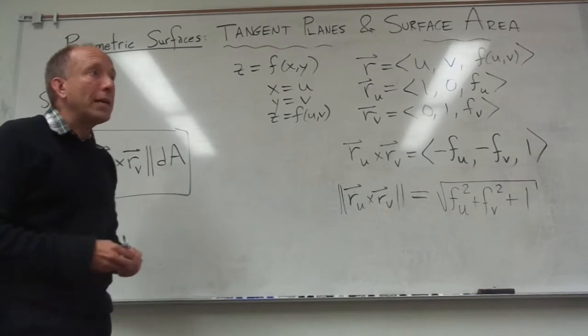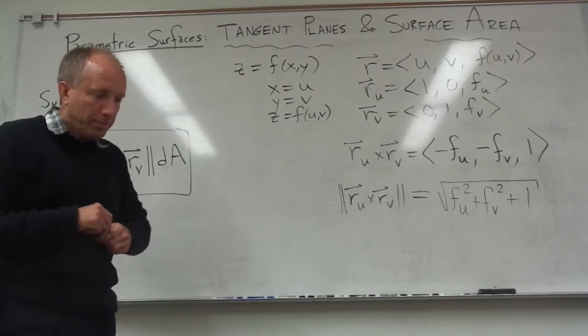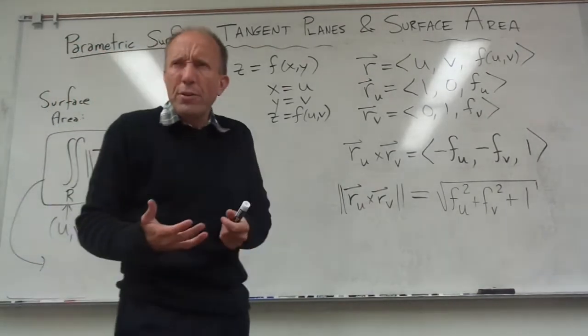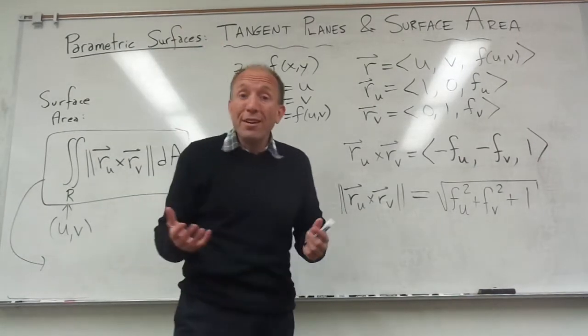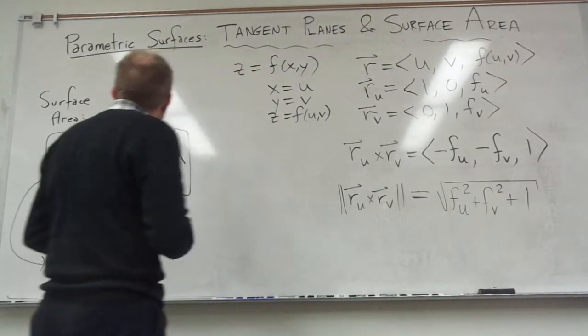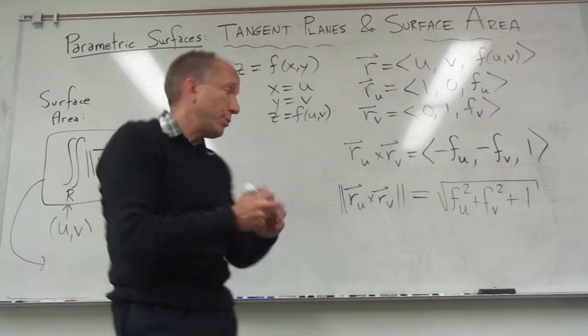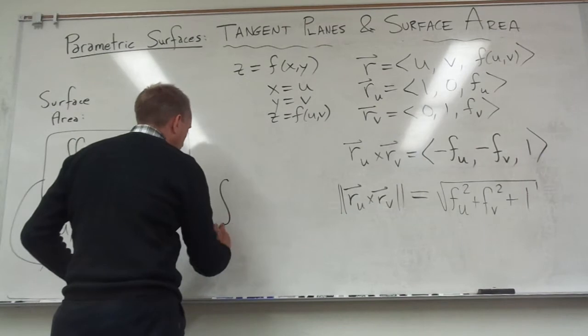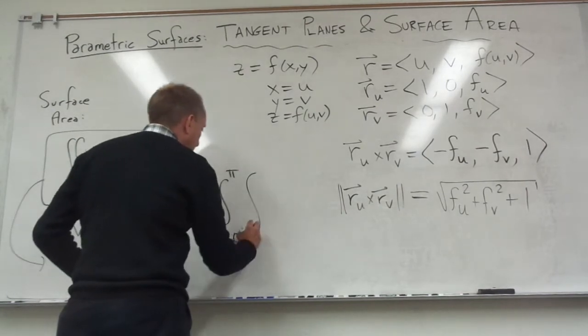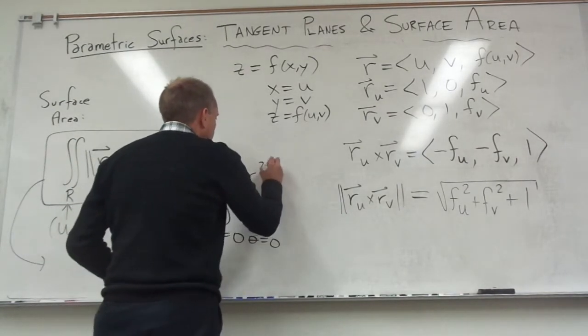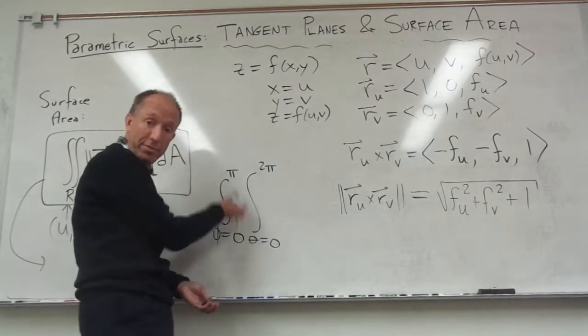You can try out examples such as things that you already know the surface area of, like a sphere. You could do the parameterization of a sphere using phi and theta. Phi would be going from 0 to pi, theta would be going from 0 to 2 pi. The full sphere would be these limits of phi and theta.